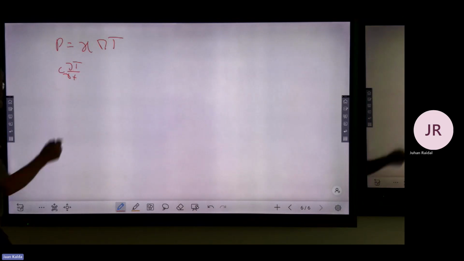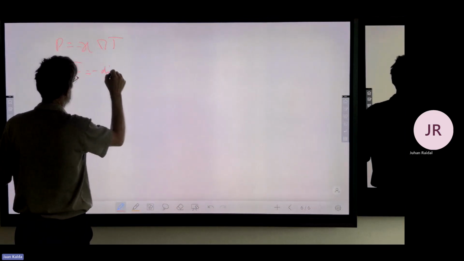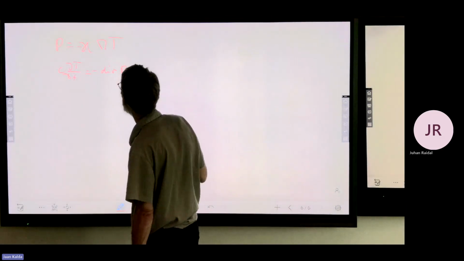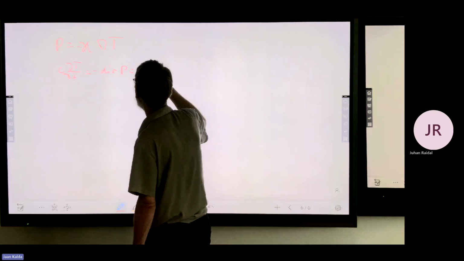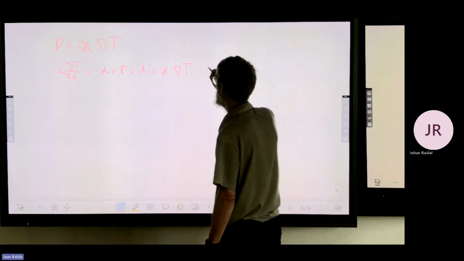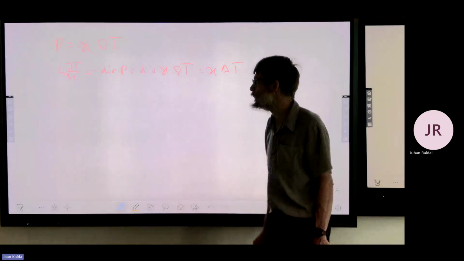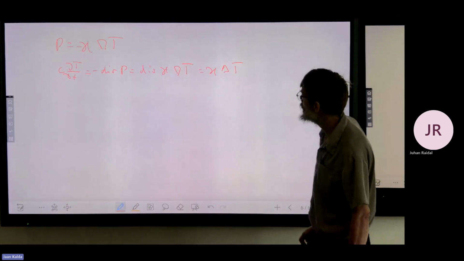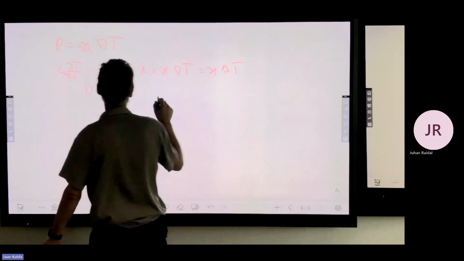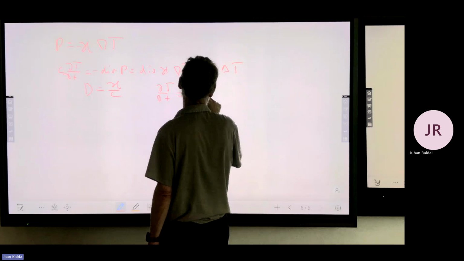And this is because of the divergence of P, actually minus divergence of P. And this is minus divergence of kappa gradient T, and if kappa is constant, it becomes kappa Laplacian of T. Nabla squared, divergence Nabla, right? And this is called the diffusion equation. So we have diffusivity D as kappa divided by C, so that dT over dt equals D Laplacian of T.